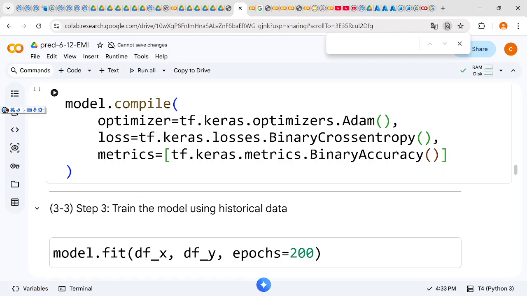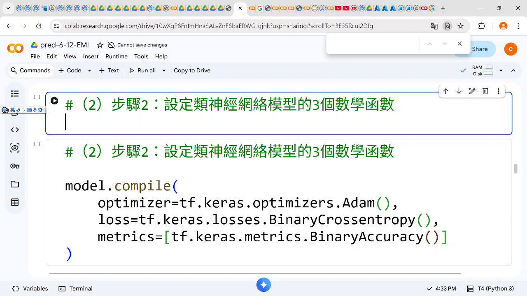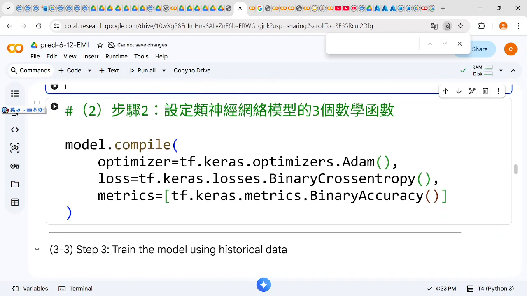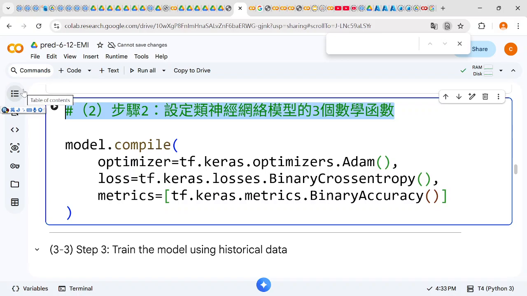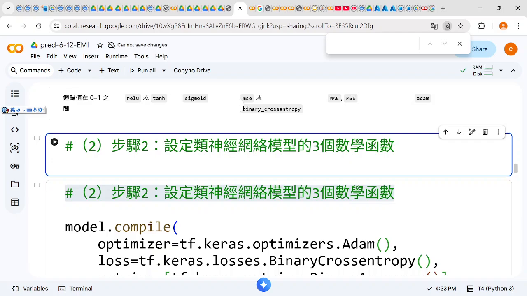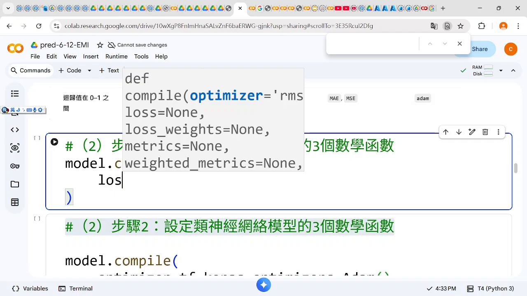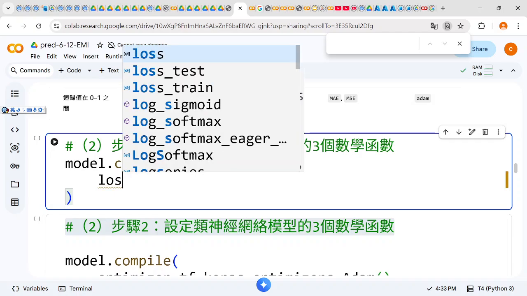Now for step 3, I want to do step 2 by myself. Here I should use the model, do the compile. Inside this, I must set the loss function.